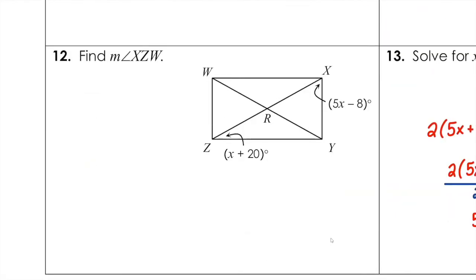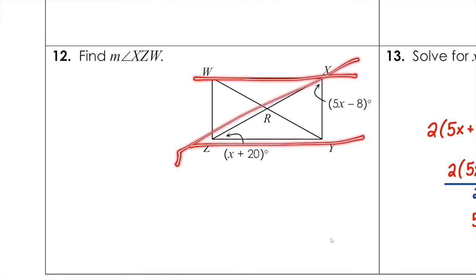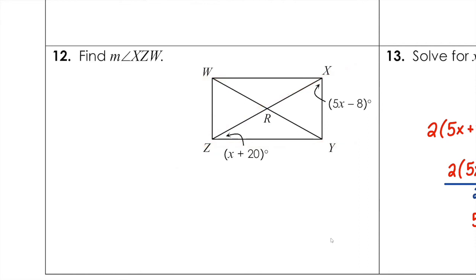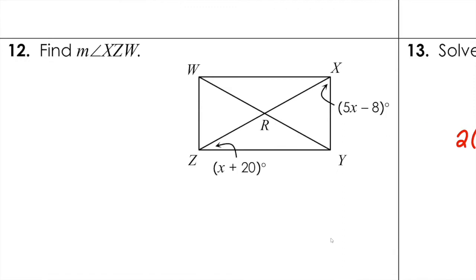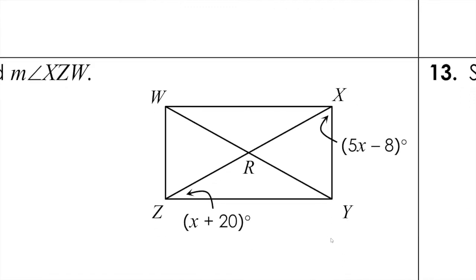Number 12. That's probably just alternate interior angles, so they're equal, right? Yeah, let's find out. Oh, no. They're not alternate interior angles. But if you add them together you get 90, because every single rectangle has a 90 degree angle. So let's stay on that alternate interior angle thought, though.